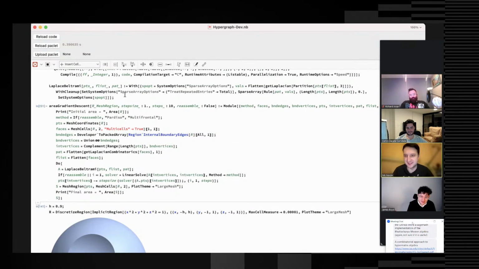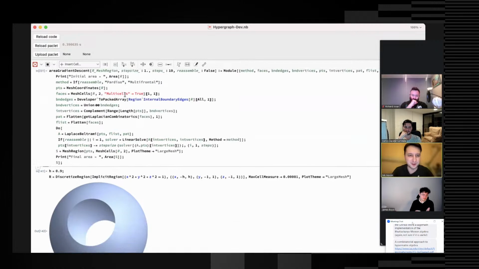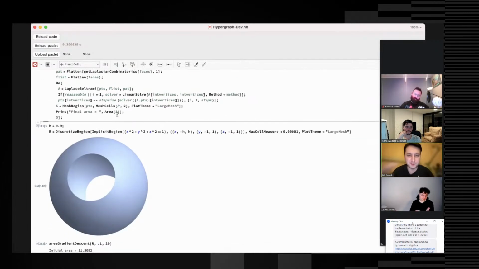I don't know. But right now I'm just looking for some tools for how you would play around with optimization problems like that. How it would start with some mesh region. We had a project at the summer school that's similar to that, where you start with some surface mesh and you evolve it. I found some code in the Mathematica Stack Exchange site that does this minimal surface estimation.